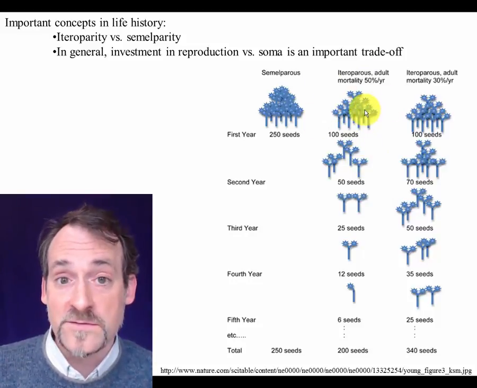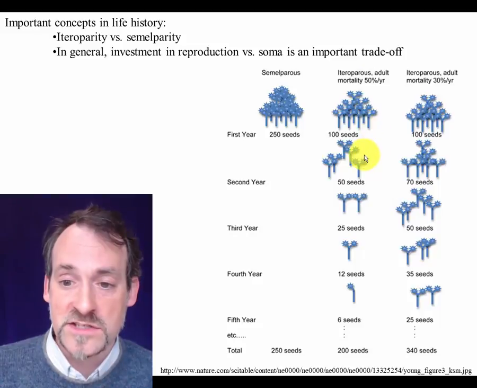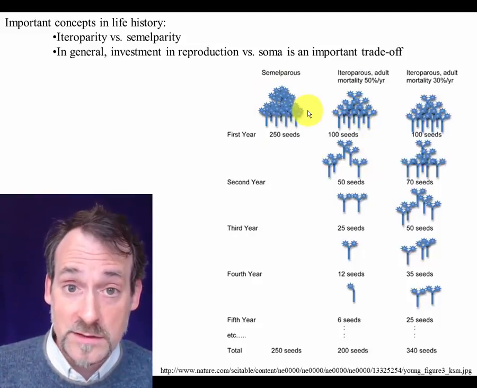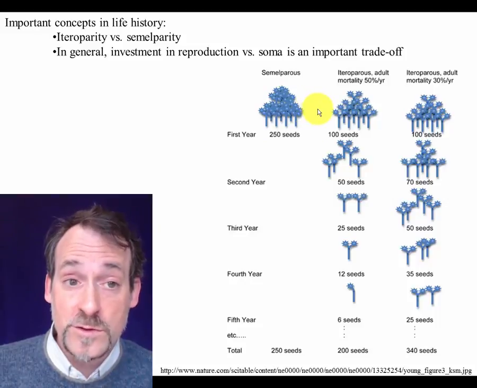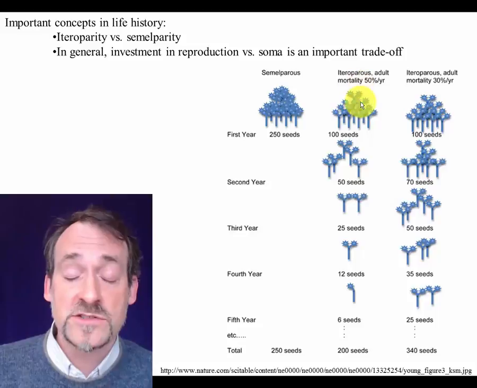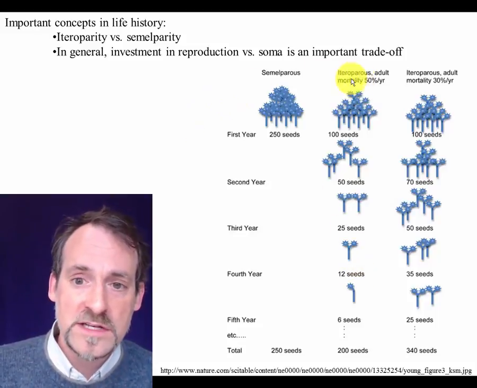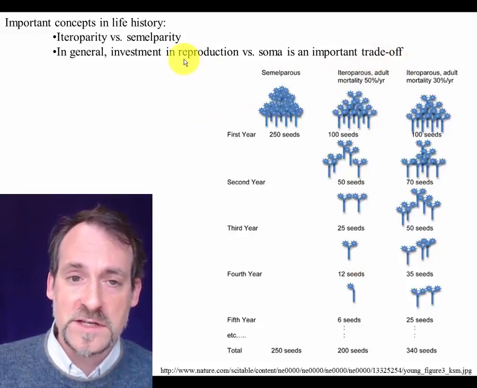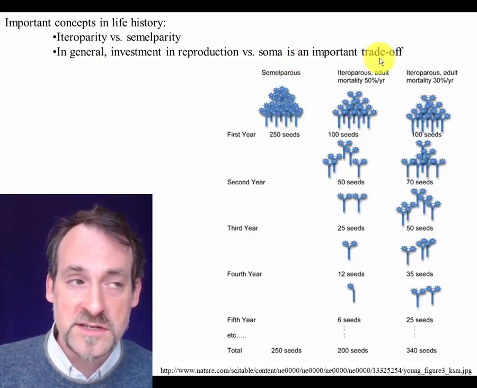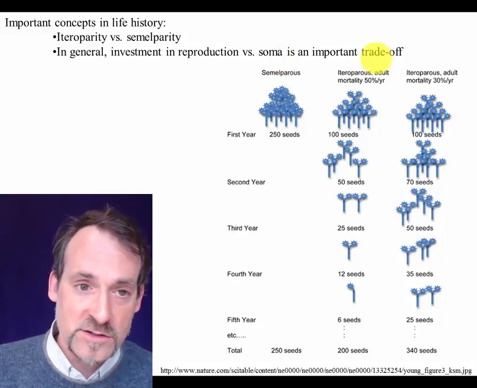On the other hand, if the cost of keeping yourself alive to the next year is very high, that's really going to favor semelparity because it makes your total payoff much, much lower. So keep that trade-off in mind. This trade-off really influences the advantage of semelparity versus iteroparity.